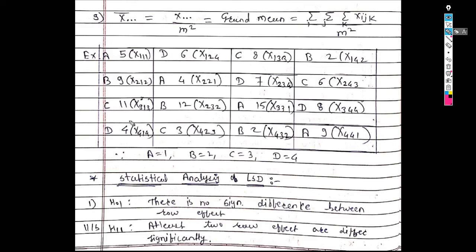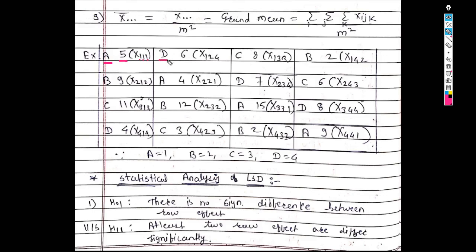So for the first experimental unit, we have observation 5. This observation is nothing but first row, first column and first treatment. So we get observation x_111.